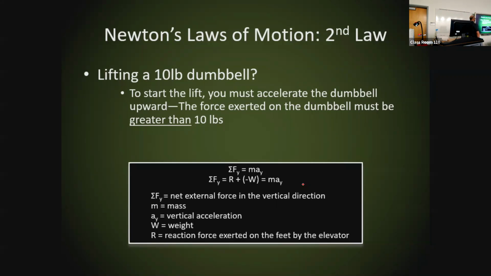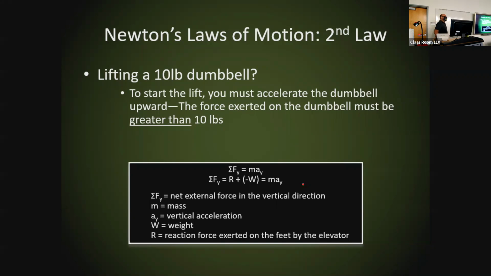Now, once you get the dumbbell moving, how much force do you need to apply to it? Equal to, greater than, or less than the weight of the dumbbell? What do you think?